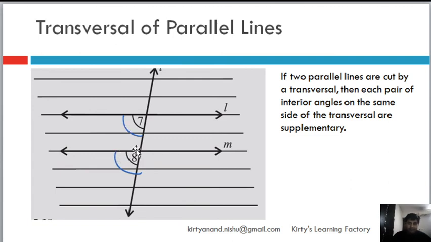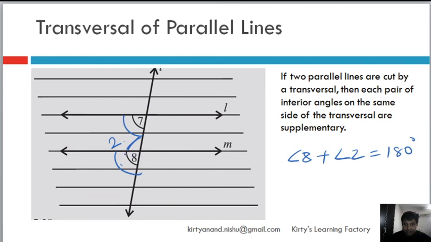Interior angles on the same side of the transversal are supplementary. Okay. So see, angle 8 plus, let's call it angle 2, 8 plus 2 is 180, right? Angle 8 plus angle 2 is 180 degrees.